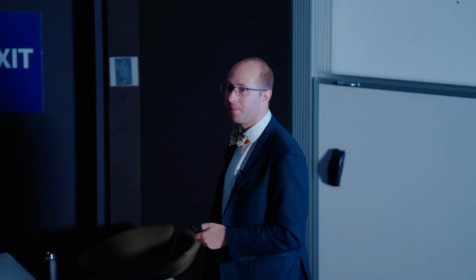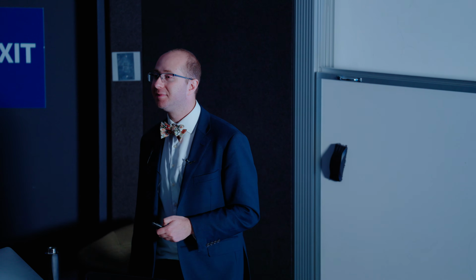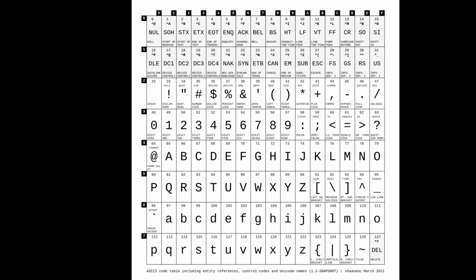So what is number 65? A. Uppercase A, correct. And so we can see that our uppercase letters start at 65 and go to 90, and then our lowercase letters start at 97 and go to 122.